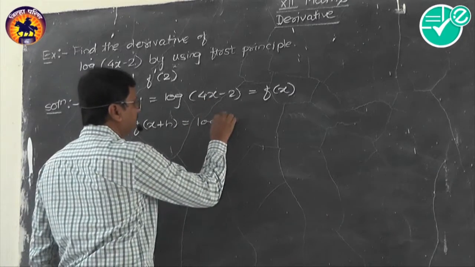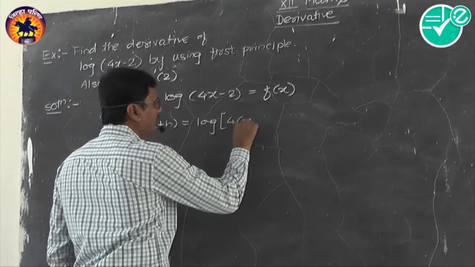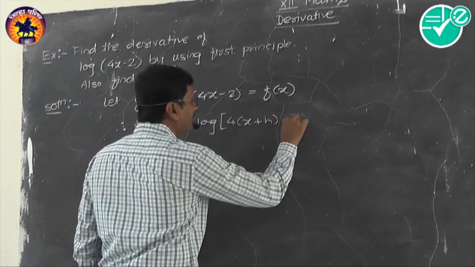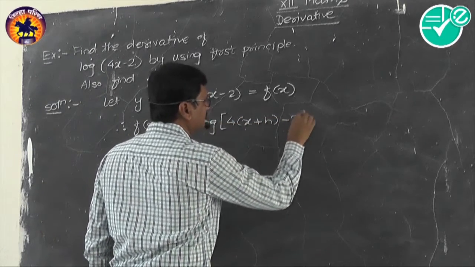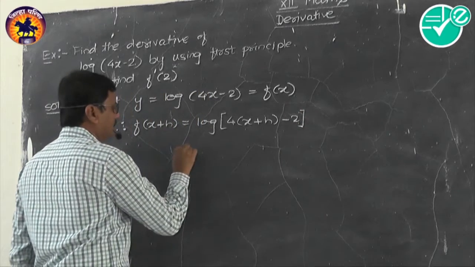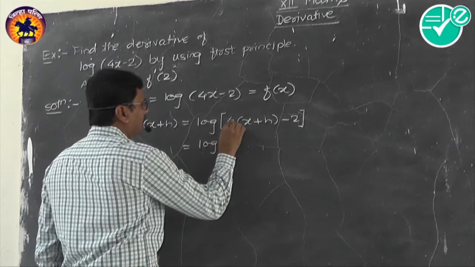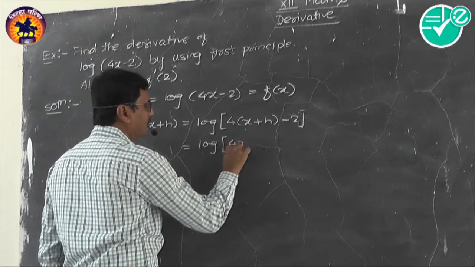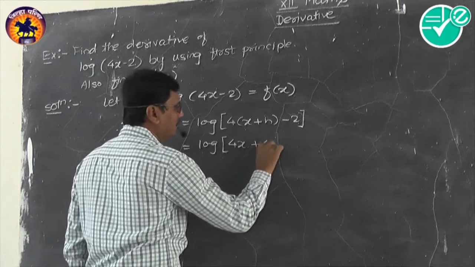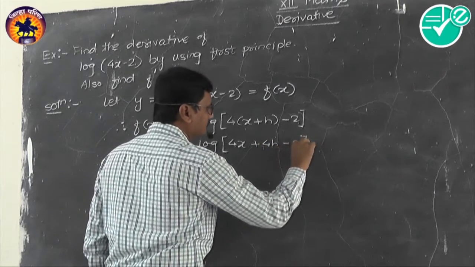So this will be 4 into x plus h minus 2. This is equal to log of, multiply by 4, so this will be 4x plus 4h minus 2.